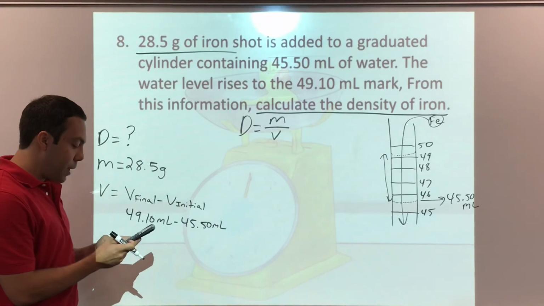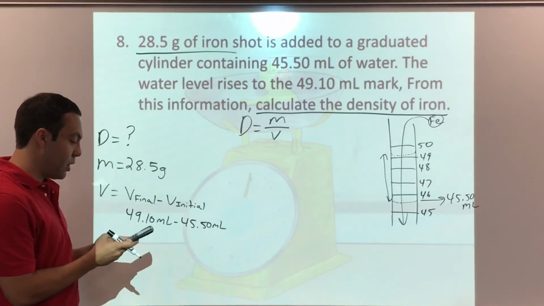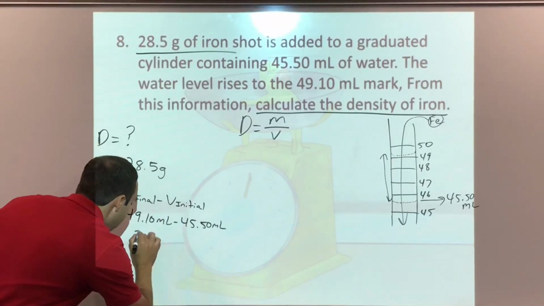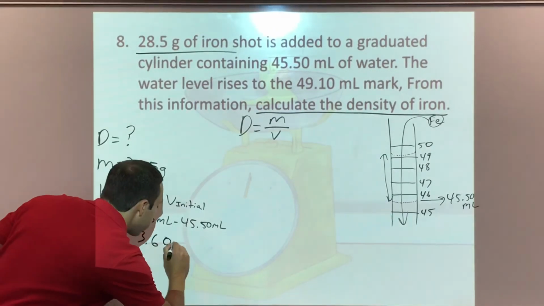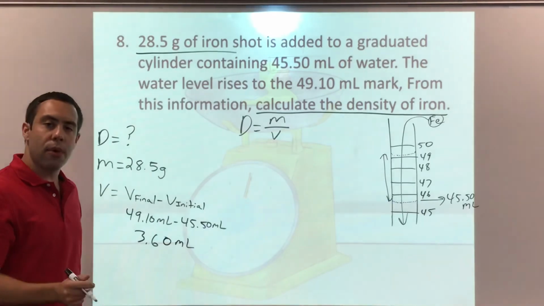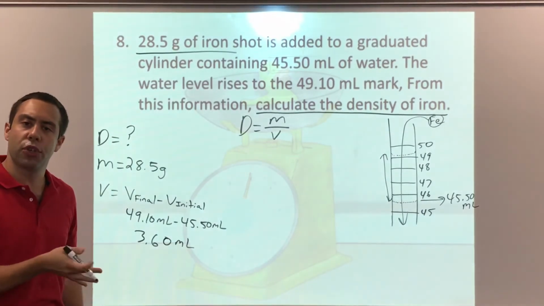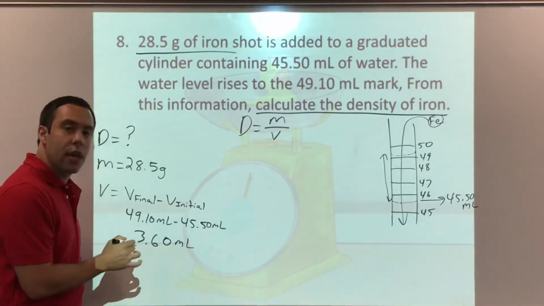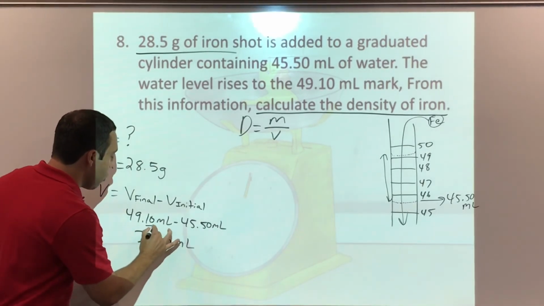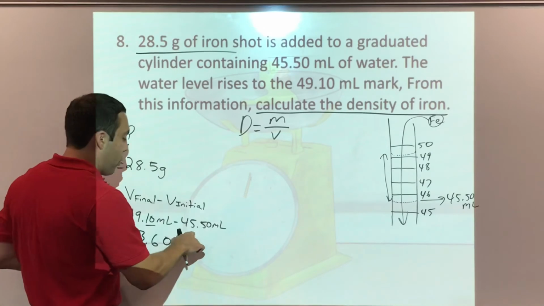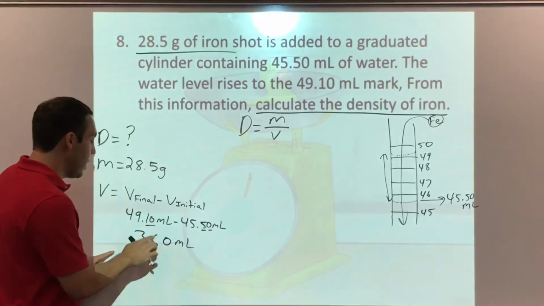So 49.10 minus 45.50. The calculator gives us 3.6, but we're going to put a 0 here at the end. Remember, when you're doing significant figures with addition or subtraction, it goes by the least number of decimal places. So 49.10 has 2 decimal places, and 45.50 also has 2 decimal places.